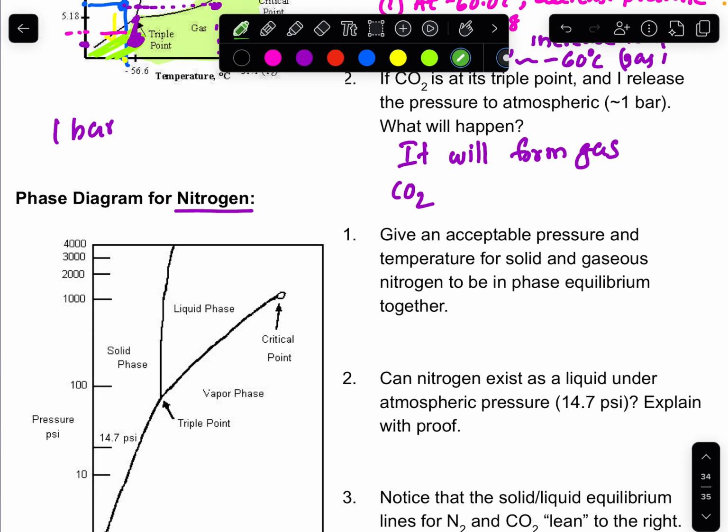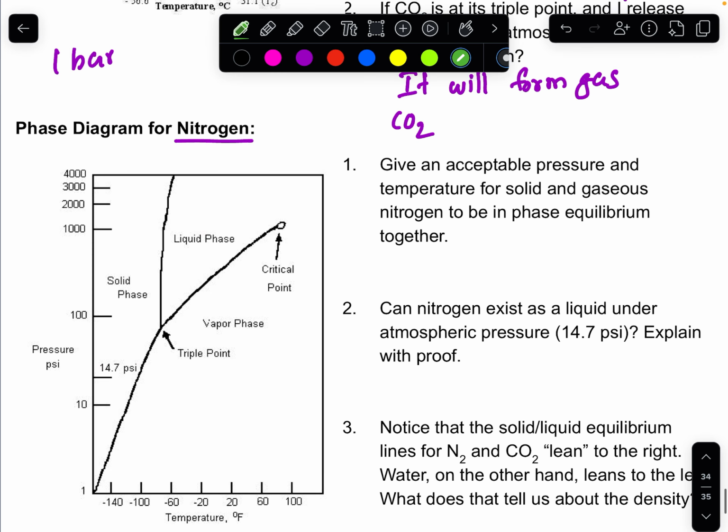Give an acceptable pressure and temperature for solid and gaseous nitrogen to face equilibrium together. Okay, so we need to see a place where solid and gas. So remember, this is a solid area. This is a solid area. Okay, and we need liquid.